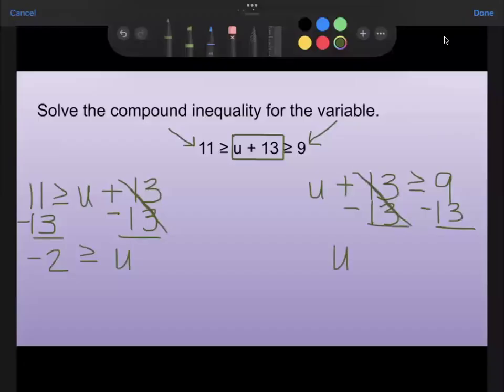So u is greater than or equal to, and then 9 minus 13 is -4. So again, the u is in the middle, which is exactly where I want it if I want to write it as a compound inequality. I can either put the word and in between and have my answers, or I could write it like this, with u in the middle, greater than or equal to -4, but less than or equal to -2.